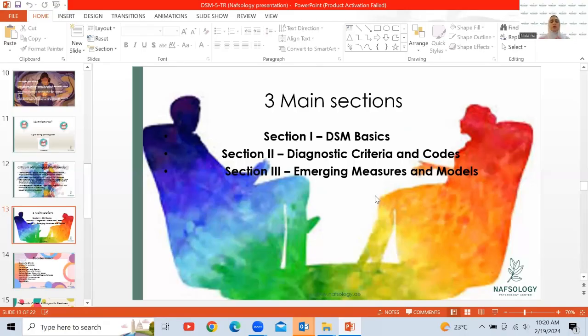The first section is just an introduction to the DSM. It is dedicated to all the authors, psychologists and psychiatrists that were involved in making this manual.